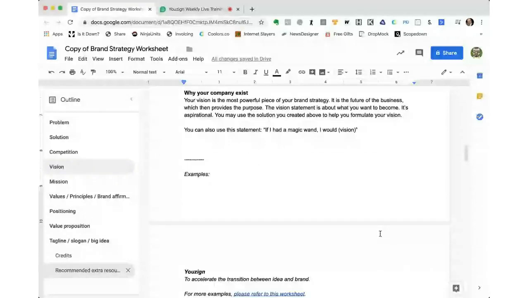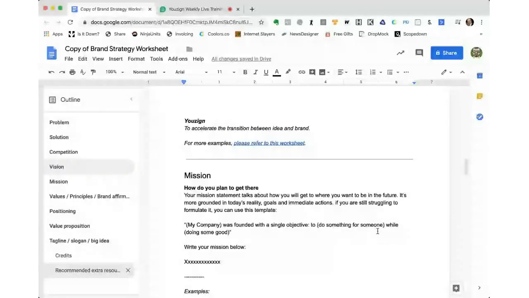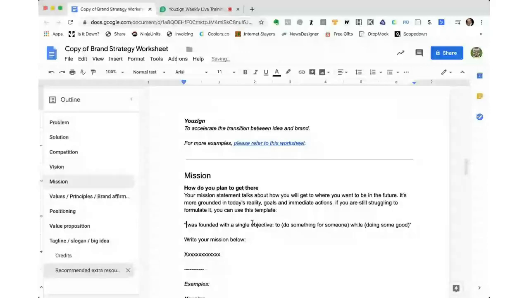That's my vision. I have to hurry. I'm sorry, the mission. How do you plan to get there? What is it that you do? My company, and I can put my company name in here, was founded with a single objective.